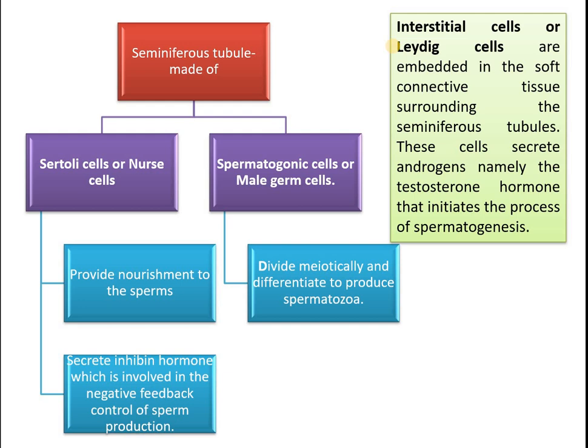These cells secrete androgens, namely the testosterone hormone, that initiate the process of spermatogenesis. So all three cells, whether Sertoli cells, spermatogonial cells, or interstitial cells, are involved in producing functional spermatozoa.